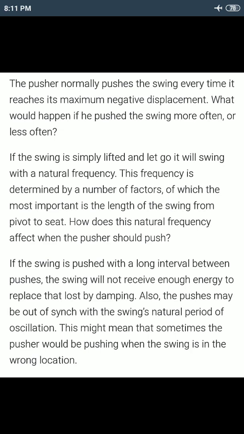So it is not a continuous oscillation. The person will not get enough energy to replace that damping.